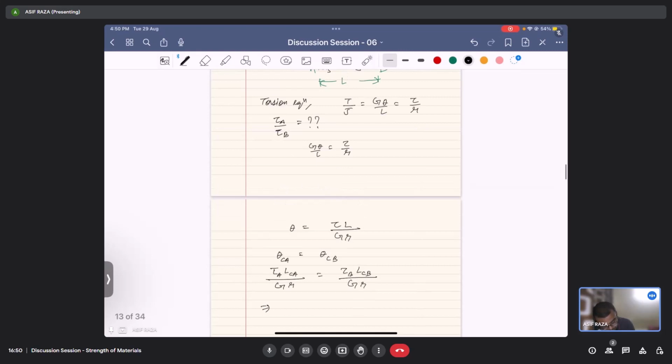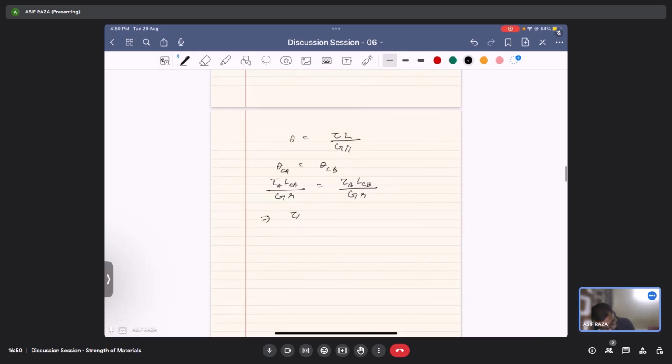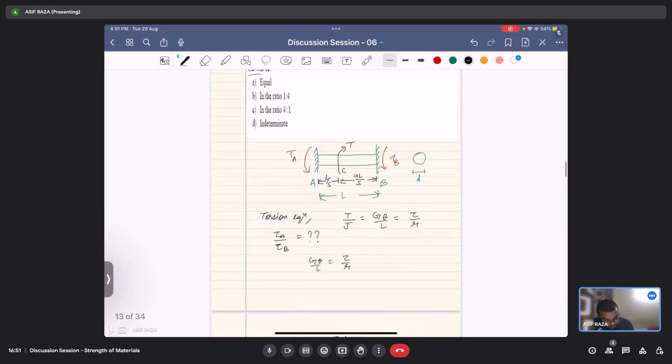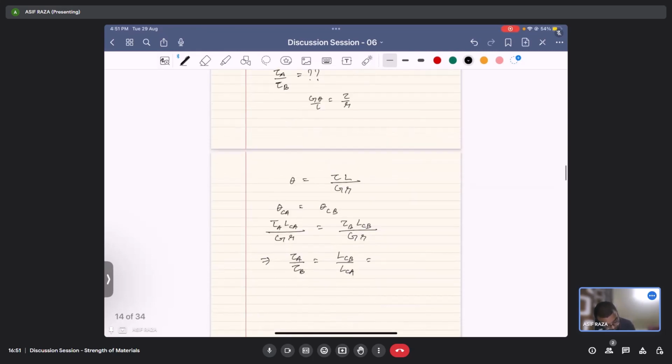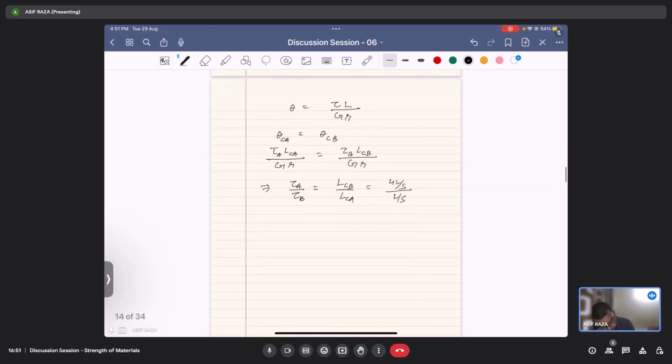So we need to find tau A upon tau B. That would be equal to LCB upon LCA, and LCB is 4L by 5 while LCA is L by 5. This would be equal to 4 by 1, that is 4:1 is the correct answer.